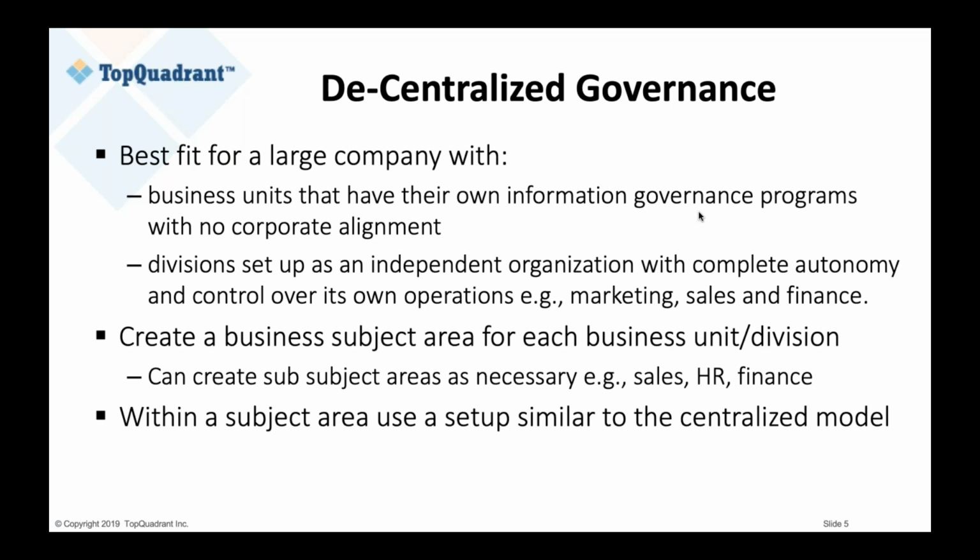In this type of environment, you would create a business subject area for each of those business units and divisions. And then underneath, you will create sub-subject areas, as we saw previously, for example, for your finance, HR, and so on. And then within each subject area, you would use a setup similar to the centralized model.